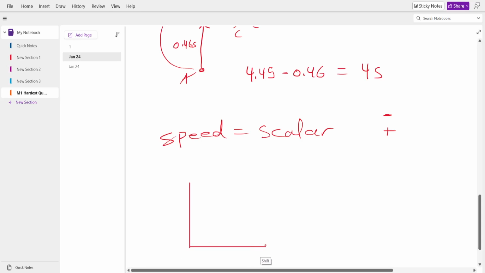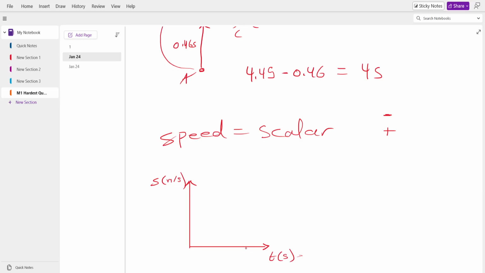So let's draw our y and x axis. This is the speed in meters per second, and this is the time in seconds. Just for the sake of the graph, let's take the speeds upwards as positive.